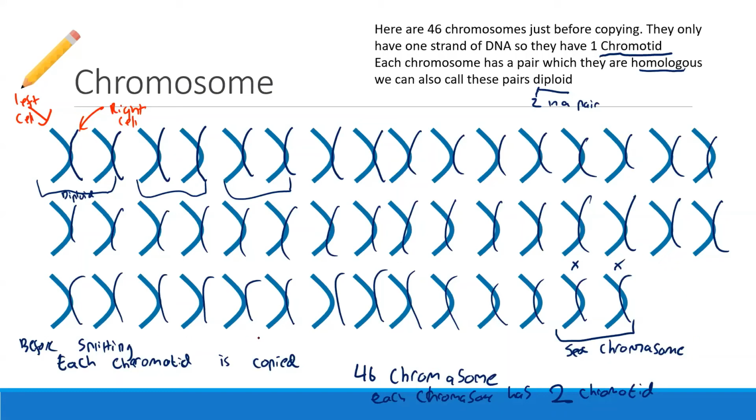So before splitting, each chromatid is copied. There are 92 chromatids, making up 46 chromosomes. And each chromosome is in a pair. So there are 23 pairs.